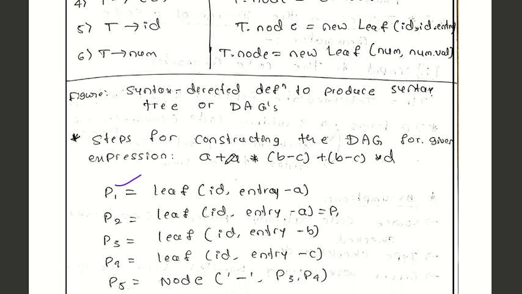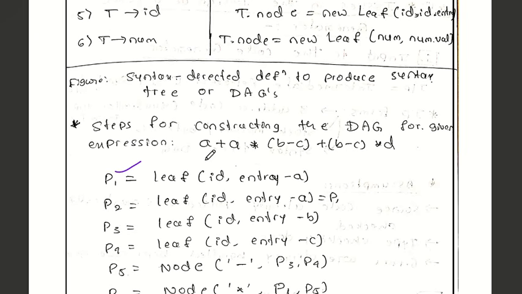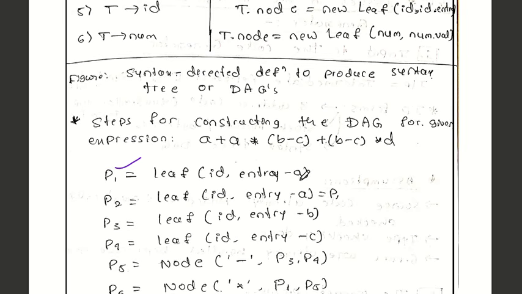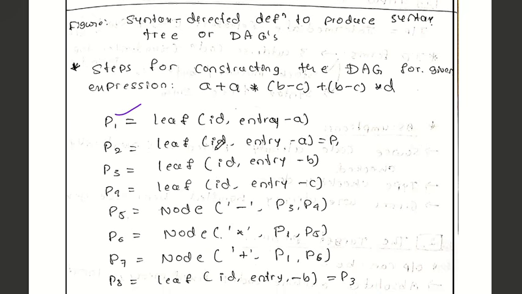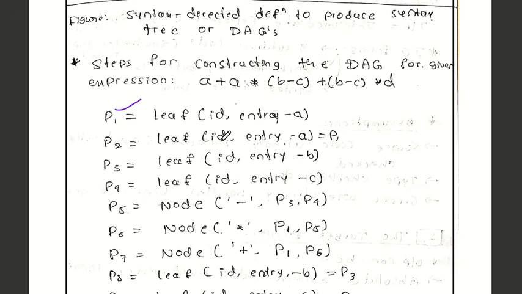The a is initialized, so it is an entry of a. Again p2, another a is introduced, so we write in this format: leaf of id comma entry. Wherever new variables appear, they have to be written in the id form.